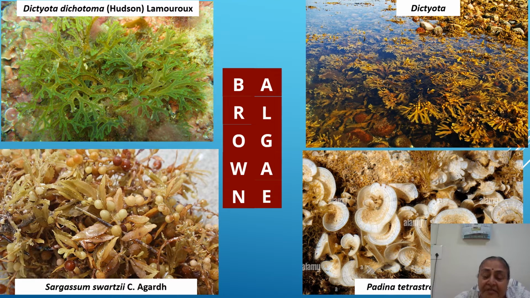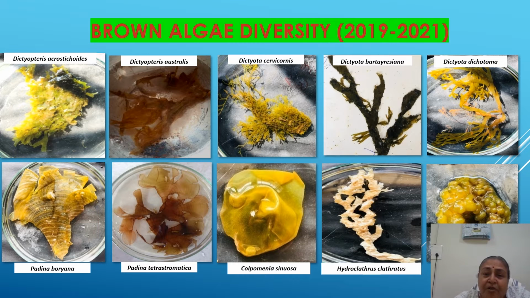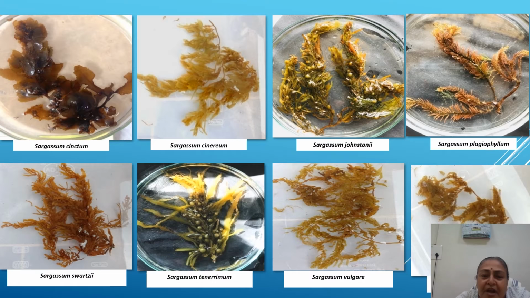And the other brown species which we have reported during 2019 to 21 are other species of Padina, Padina boryana, Padina tetrastromatica. Then besides this, Colpomenia, and so many species of Dictyopteris and Dictyota have been reported on the Gujarat coast, and this is the other Sargassum species.